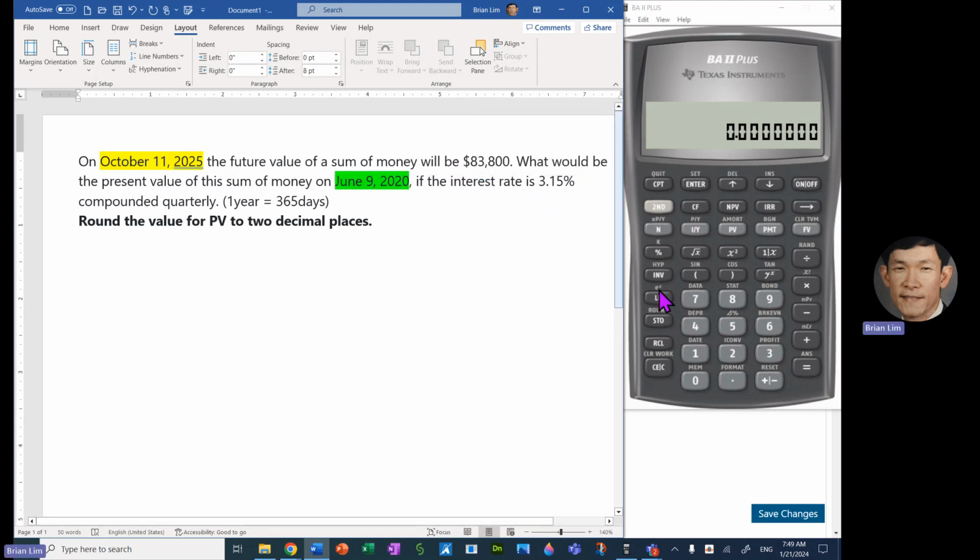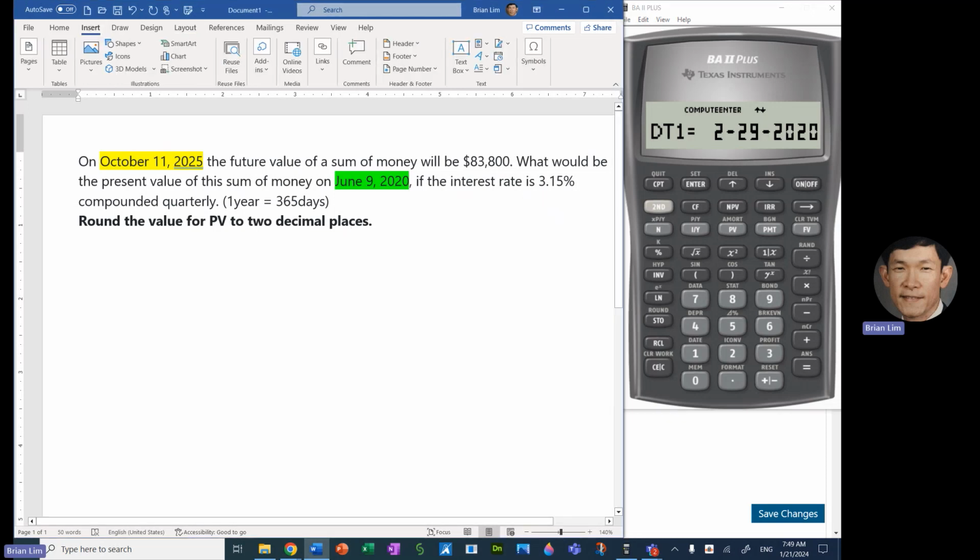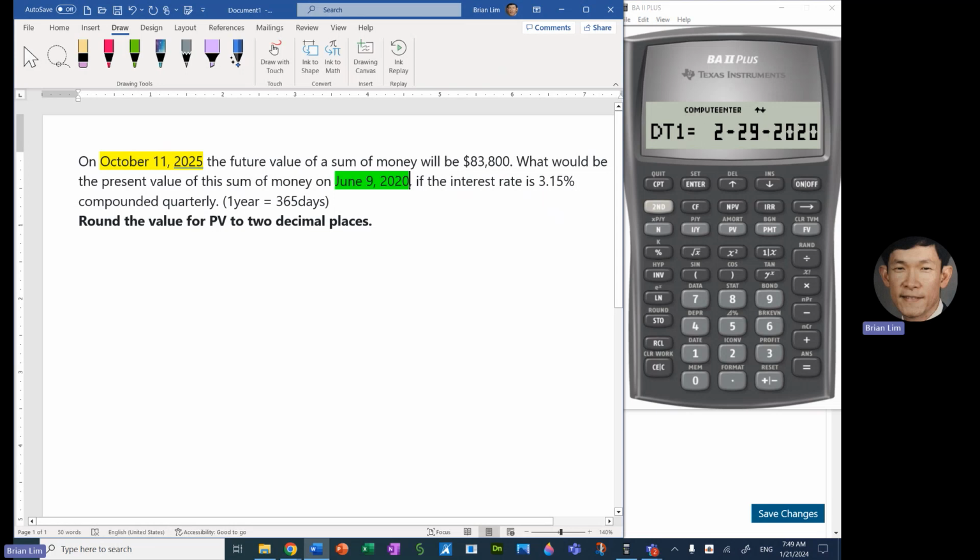Okay, so to enter these, I will click on second, then the date, and I will enter this one right here, which is the earlier date. So enter this date first.